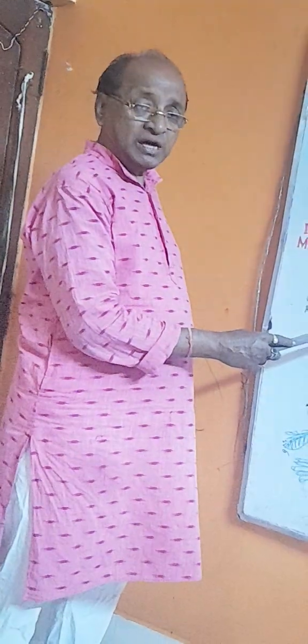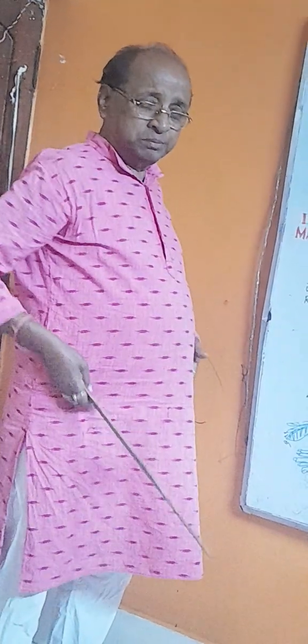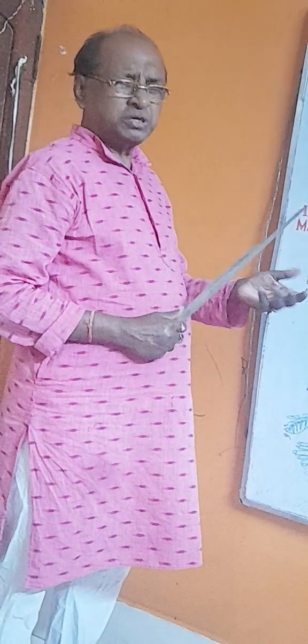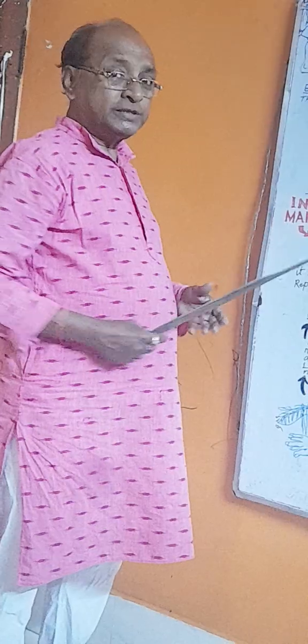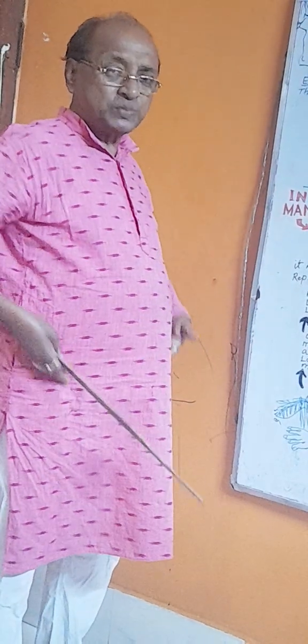The lymph glands are present at different points of the body, such as the knee, the ankles, the wrist and different joints, and the groin, this part.